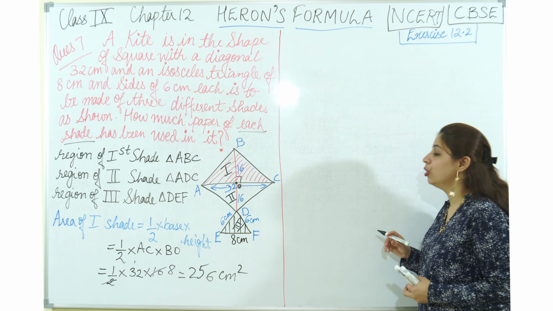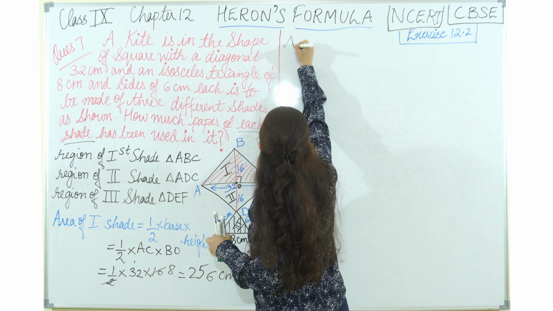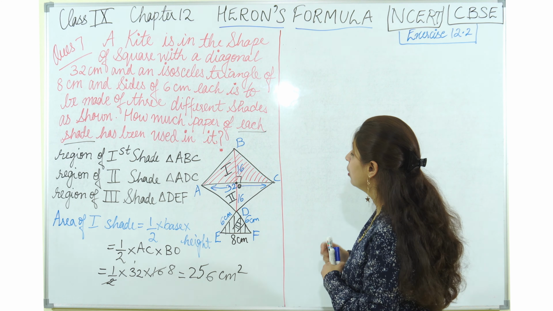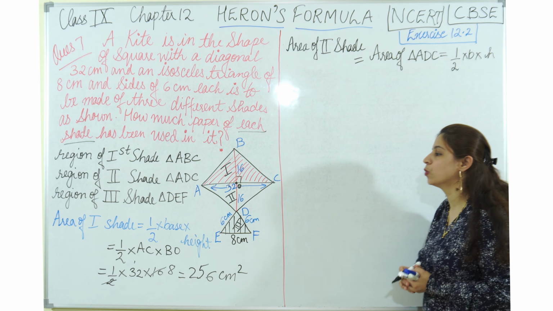So now let us find out for the second shade. The area of second shade will be equal to area of the triangle ADC, that will be equal to half base into height, because here also it is forming a right angle triangle, making 90 degrees here.